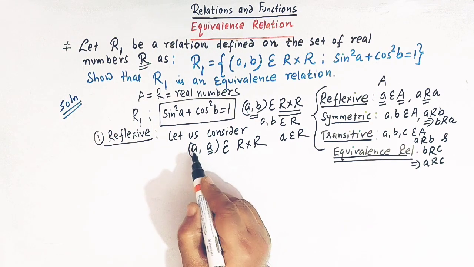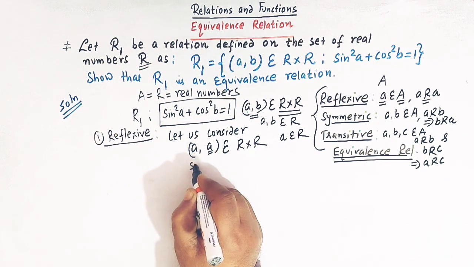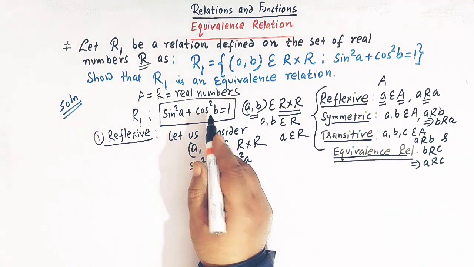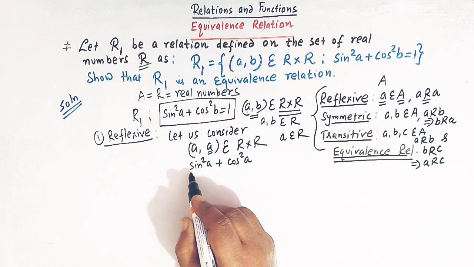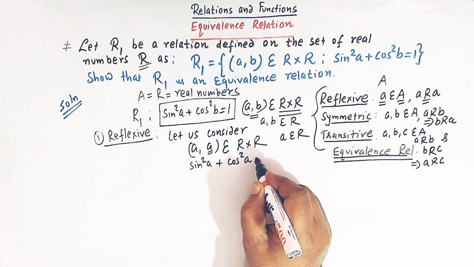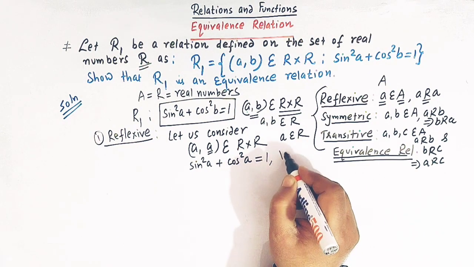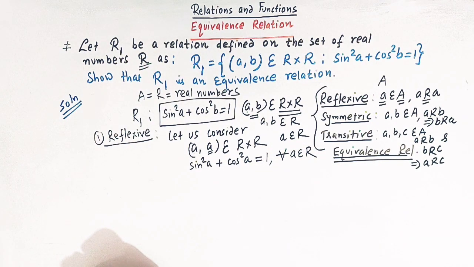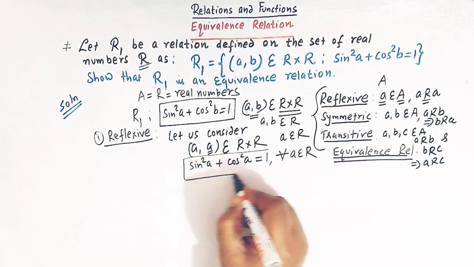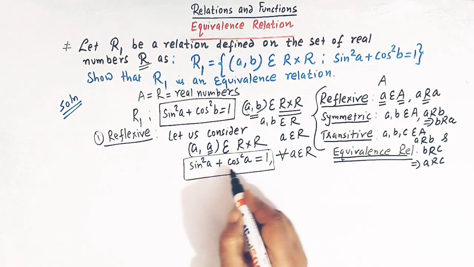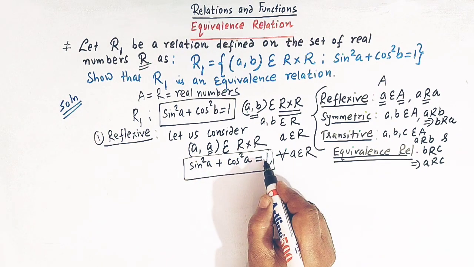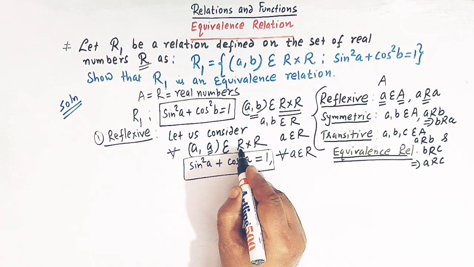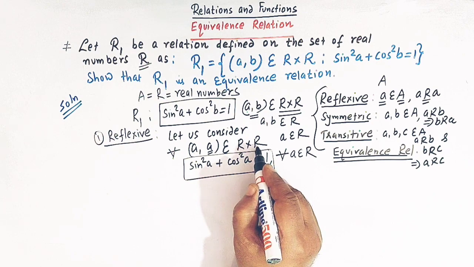So if we take (a, a) in this relation, then we have sin squared a plus cos squared a, right? And from trigonometry, we know that sin squared a plus cos squared a is always equal to 1 for all a belonging to the set of real numbers, right? So what we have obtained here is sin squared a plus cos squared a equal to 1 for all (a, a) belonging to R cross R, right?